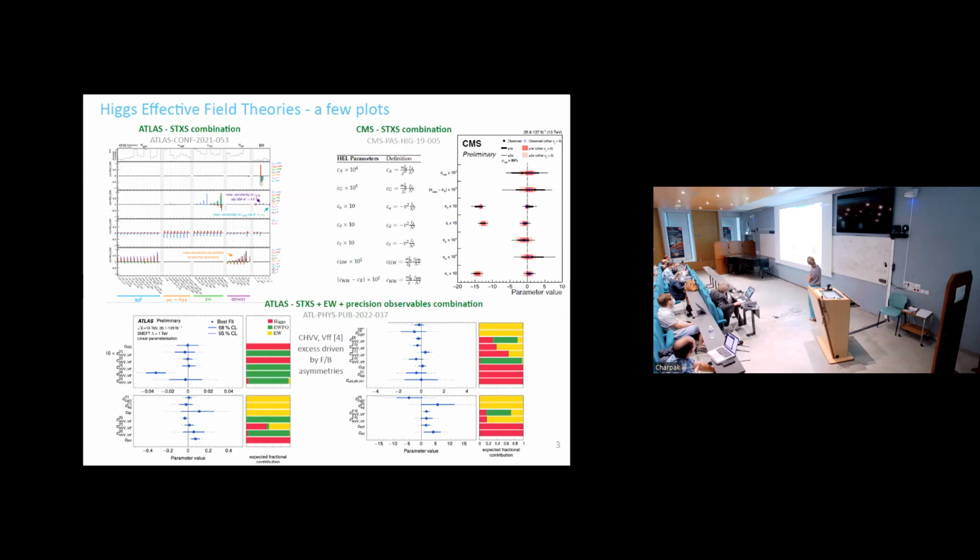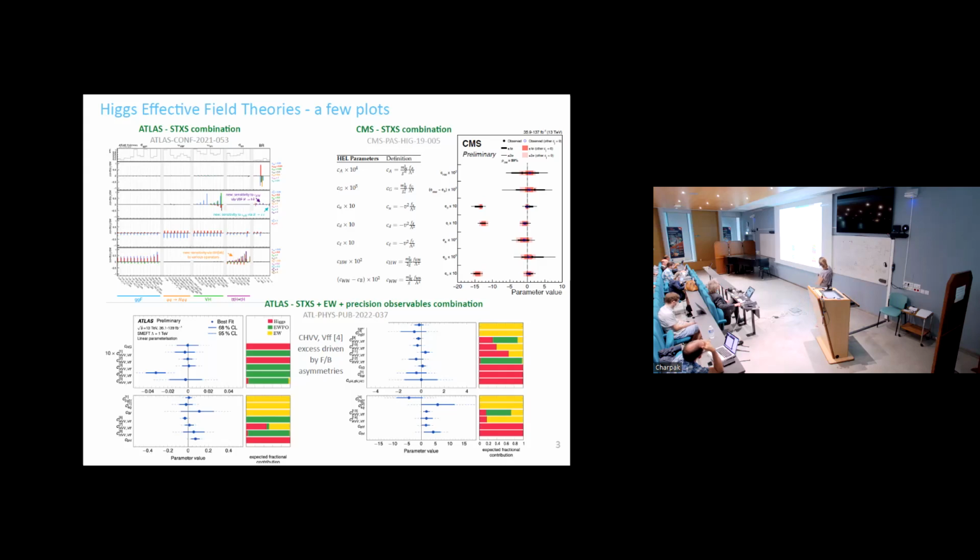One can see the relative impact for the different STXS bins, and one can see clearly to which coefficients you are getting sensitive. This is done mainly by scaling the parameters in each bin, and there is maybe no acceptance effects between different bins, which is taken into account.